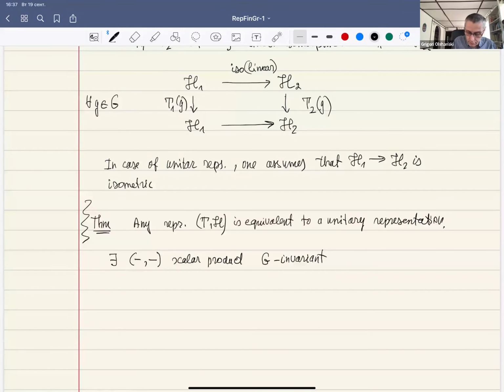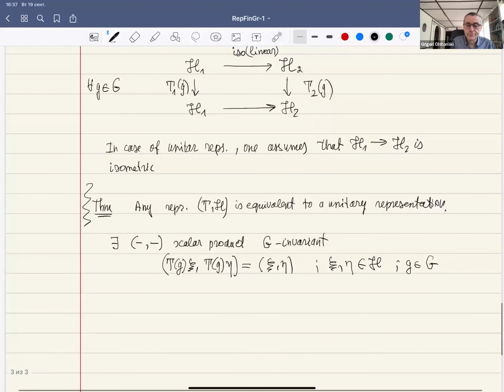Meaning that we have this equality, the scalar product should be equal to this one for any psi and eta in our space and any element of our group.